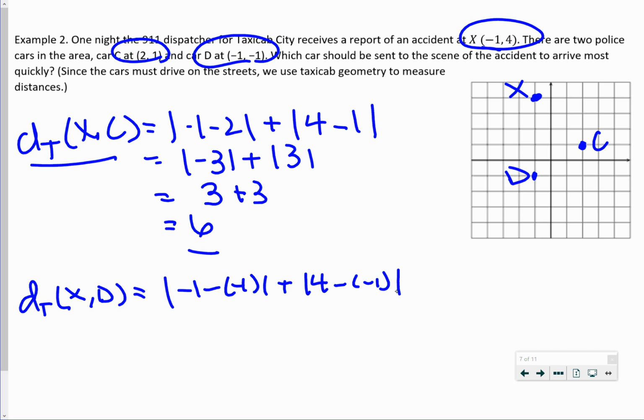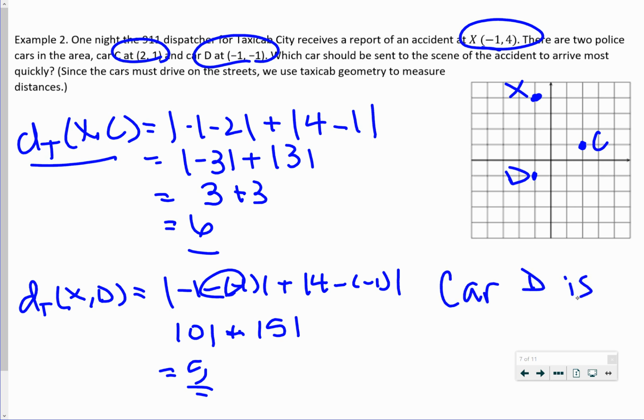Well, -1 minus -1, the two negatives make a positive, gives us 0. Plus 4 minus -1 gives us 5. So this one is 5 units away. So who's closer? Car D is closer, so that's who should be sent.